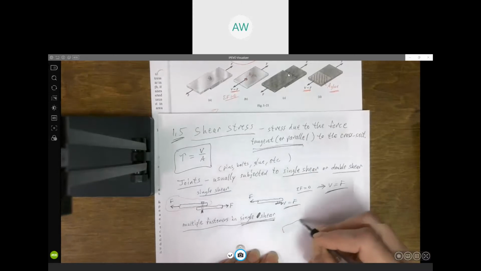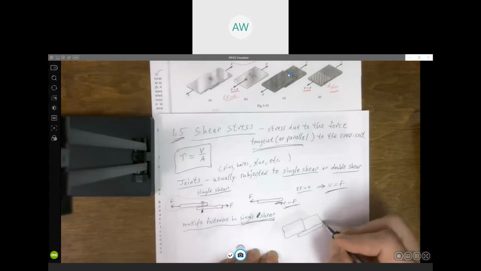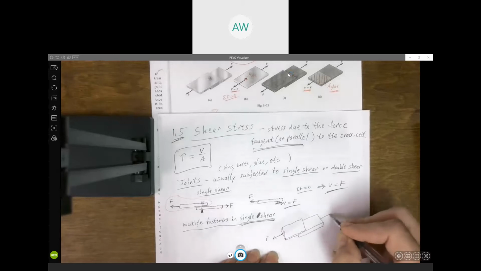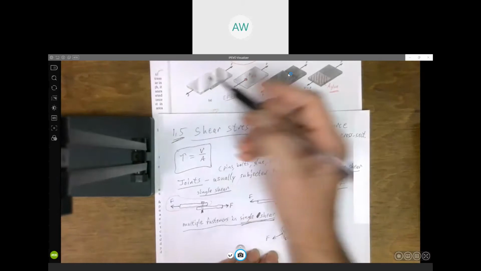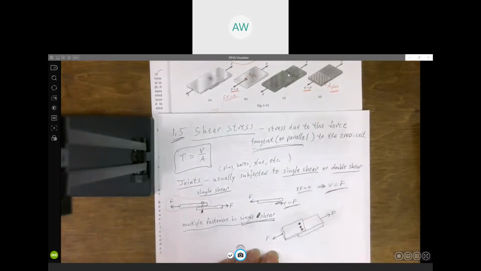Again, I don't have pictures of this, which is why I didn't try to draw there. But instead of up here where we just had the one bolt, what if you put 3 bolts in there? Right, this is still single shear.